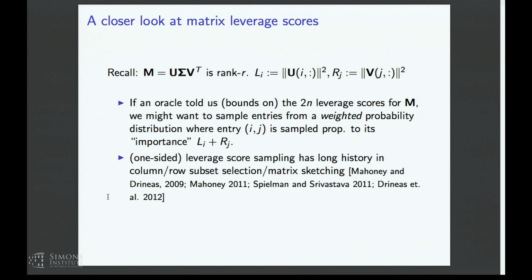And these leverage scores, although only more recently introduced in the matrix completion problem, one-sided leverage scores have a long history in the column or row subset selection problem for matrix sketching, which is the older problem where you have a low-rank matrix and you can subsample columns or rows of the matrix, and you want a good subset of columns that gives you a good representation of the entire matrix. And there, a good way to sample columns is according to one-sided leverage scores of that matrix.